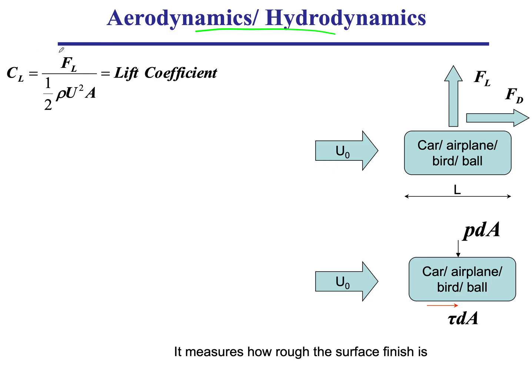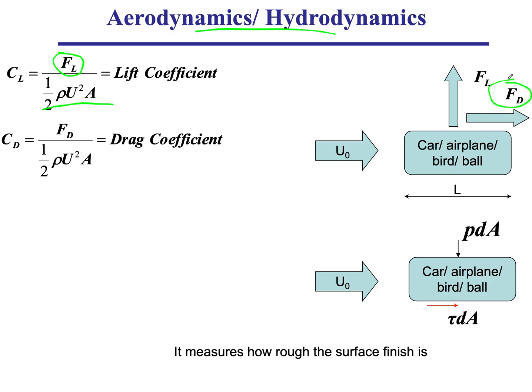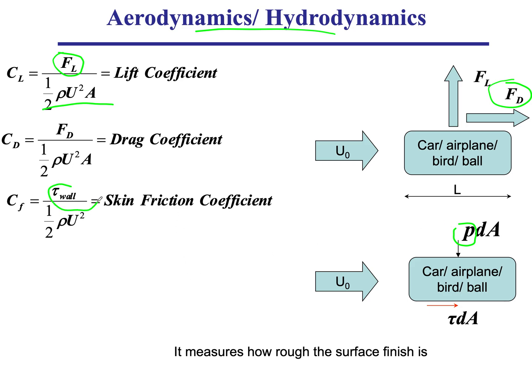So the lift coefficient is just a dimensionless lift force, with the non-dimensionalizing being the dynamic head, rho u squared, and some area defined for the specific problem. The drag coefficient is a dimensionless drag force. And then we have, as we have seen before, the pressure coefficient and the skin friction shear stress coefficient, CF, and that's your pressure or surface pressure coefficient.